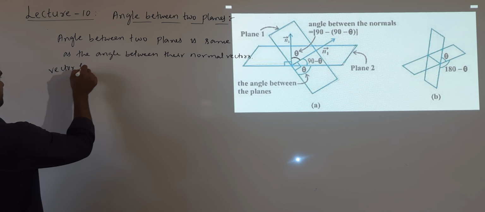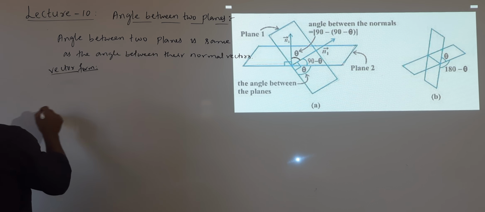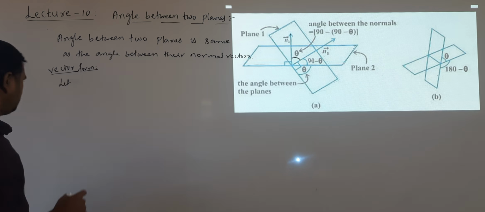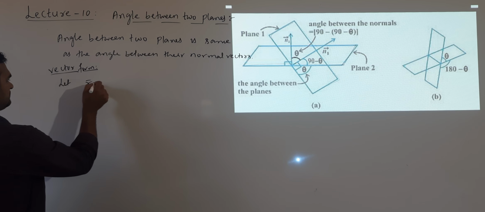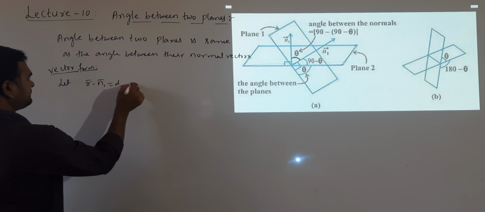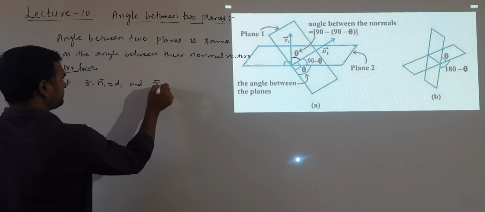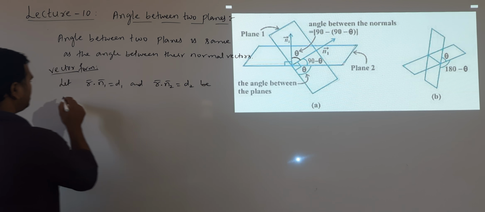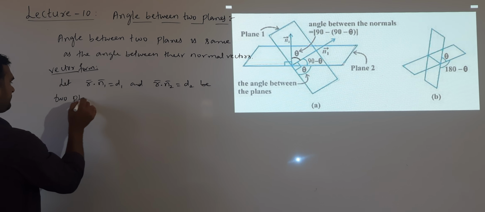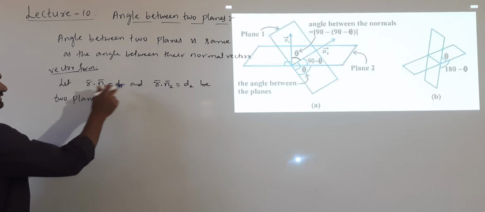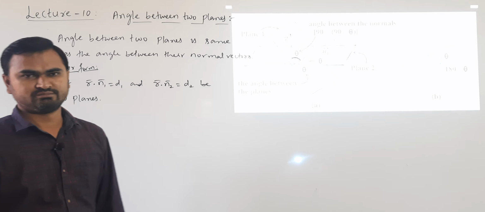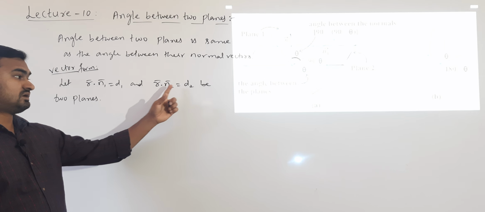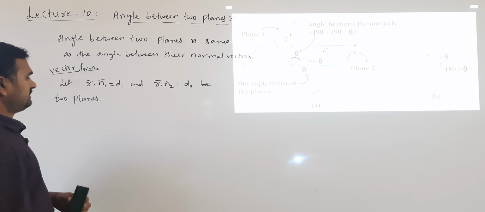Vector form: let the two planes be r bar dot n1 bar equals d1 and r bar dot n2 bar equals d2. We are not taking the normal form; this is the general form. Two planes: r bar dot n1 bar equals d1 and r bar dot n2 bar equals d2.